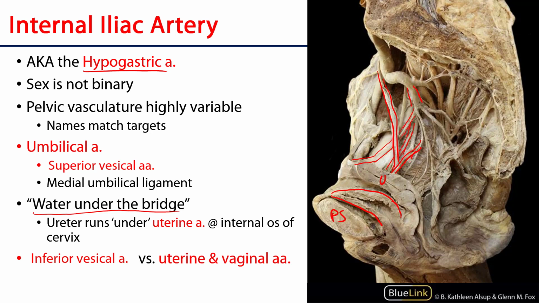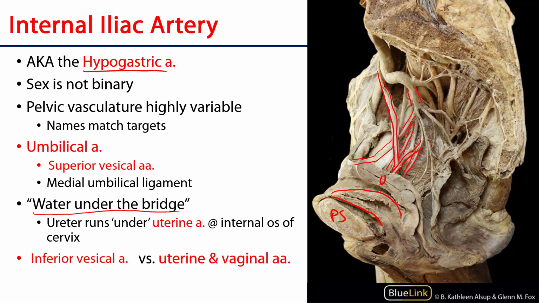Here is the vaginal artery there. And so at the internal os of the cervix, we have the relationship of the ureter crossing underneath the uterine artery. That is the water, ureter, running under the bridge, uterine artery.